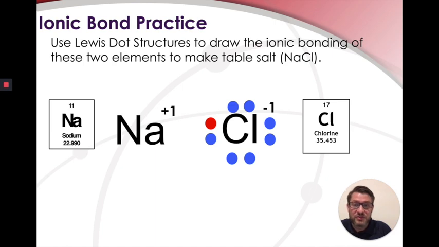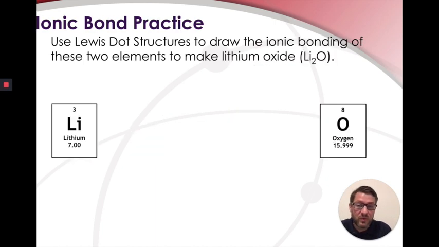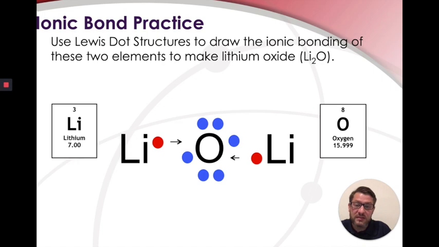The attraction between the sodium and the chlorine holds these two ions together. So if we look at another one, lithium, which is in the first column, has 1 extra electron, and oxygen is in column number 6, so it has 6 valence electrons. Oxygen is actually looking for 2 extra electrons to fill that outer orbital, and it's quite happy to take 1 electron each from a lithium atom.